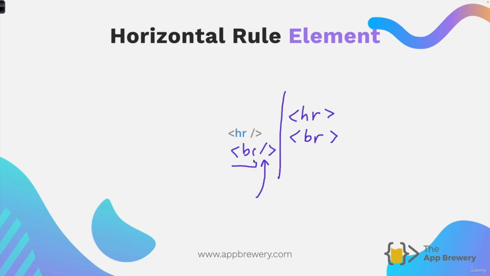But I recommend you write your code with this end / and the reason is because when you read your code, you as the human, it'll be much easier for you to see that this is a void element and it doesn't need a closing tag, so that you don't end up being confused and you can identify the void elements and the non-void elements easily and distinguish them from each other.